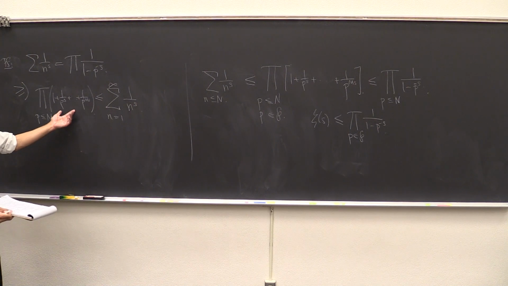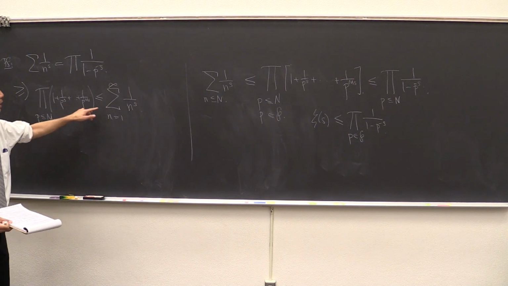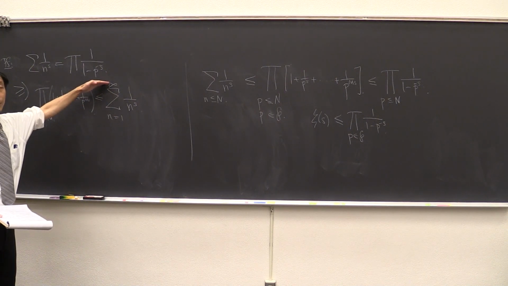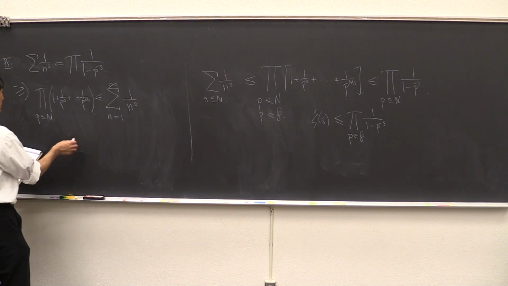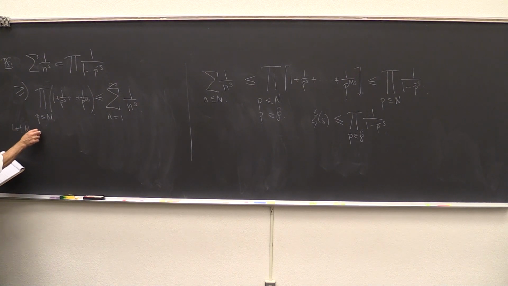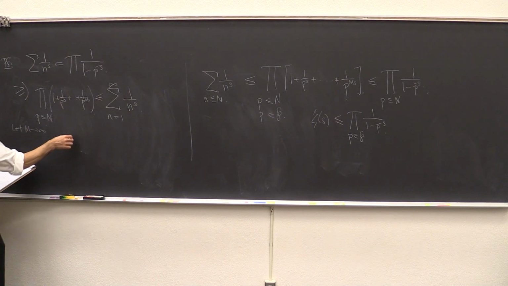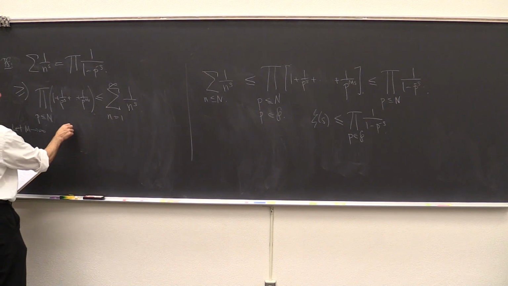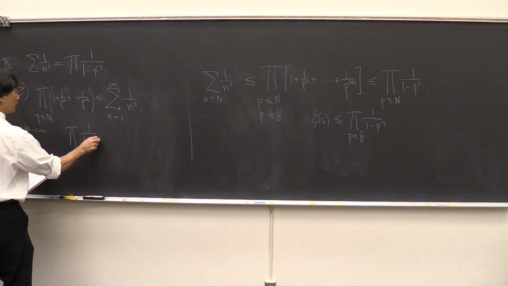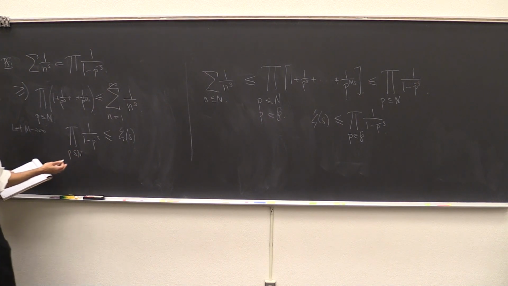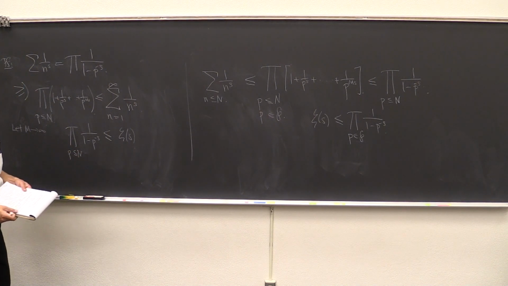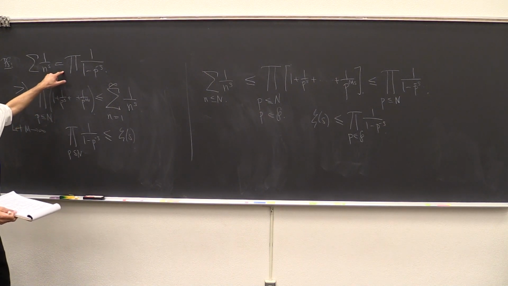Because this is going to give us some terms up to a particular point, but no further. And so then, just as before, we let m go to infinity, and we see that this thing is bounded by the zeta function. And then we let N go to infinity, and we get the other inequality. Okay, so we get equality.